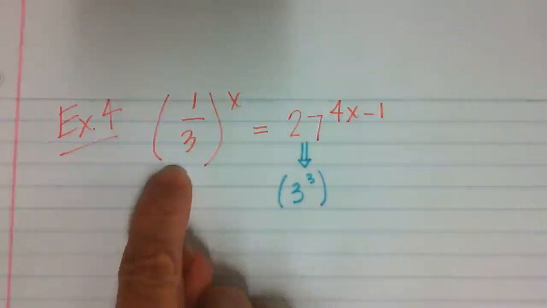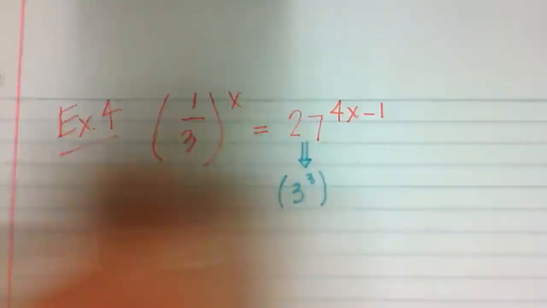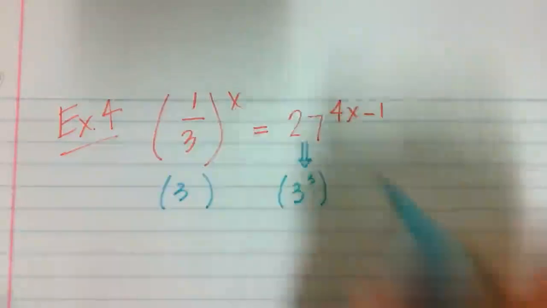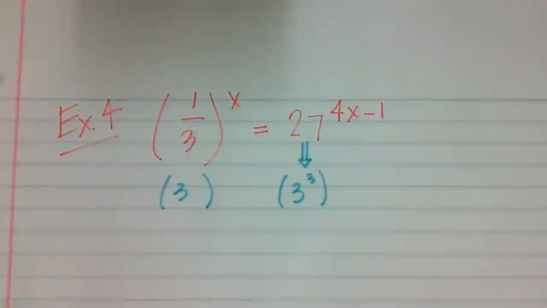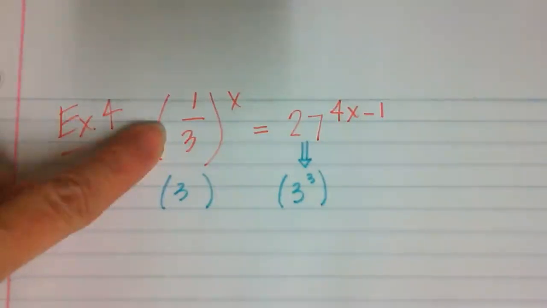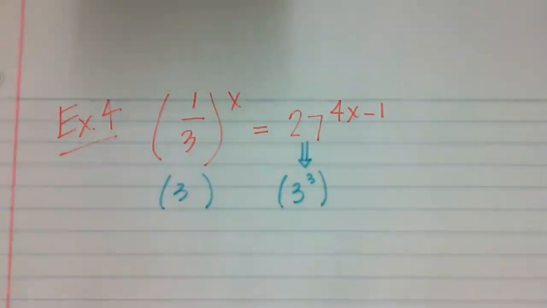Well, this one is 1/3, but we don't want 1/3. We want this one to be a 3 also. So what we need to do is figure out what exponent is going to cause 3 to become 1/3. If this was live and you were here right in front of me, I would put the pressure on you to come up with the answer.